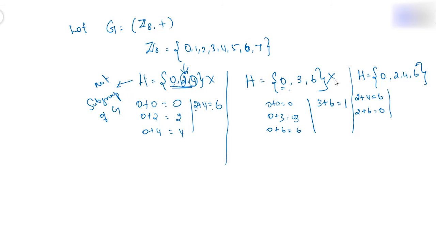Next, 4 plus 6 is 10, which is nothing but 2, which is also inside H. Therefore, closure is satisfied. Hence this particular H is a subgroup of G, whereas the earlier two are not. You understood the meaning of the subgroup. This is how we need to check for a subgroup.